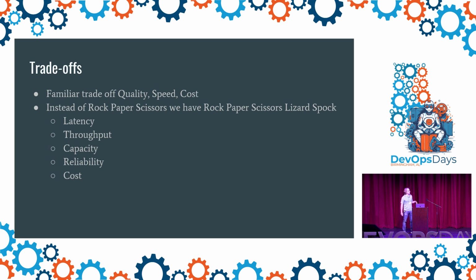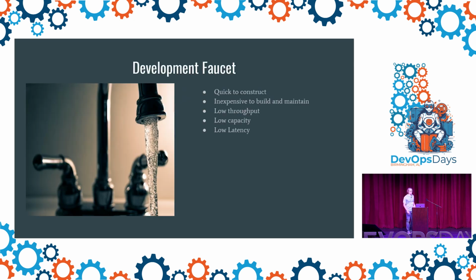We have rock, paper, scissors, lizard, Spock, where we have these 5 different diametrically opposed characteristics, and we get to choose 3 of them generally. Now, there are some virtuous cycles you can get into where you can improve all of these at the same time. But in general, depending on the stage of business that you're at, you're going to have to choose what's most important at that time.